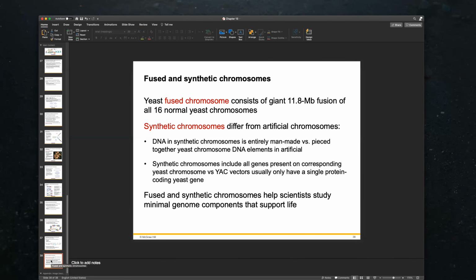Synthetic chromosomes include all genes present on the corresponding yeast chromosome, versus YAC vectors, which usually only have a single protein-coding yeast gene. Fusion synthetic chromosomes help scientists study minimal genome components that support life.